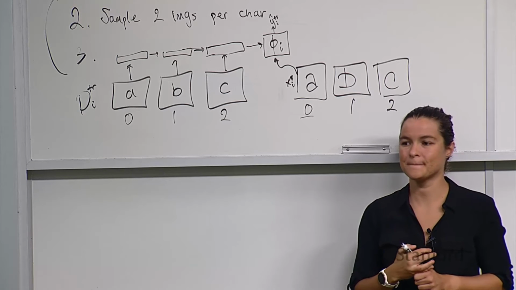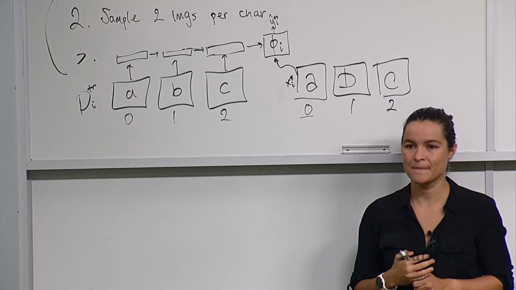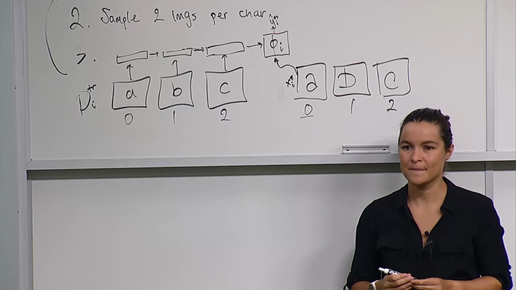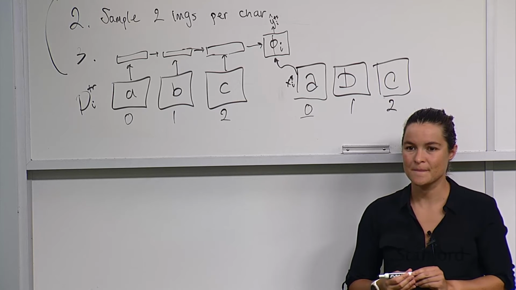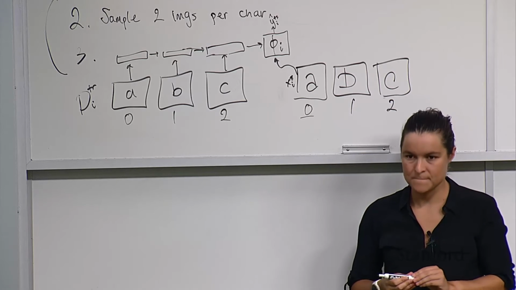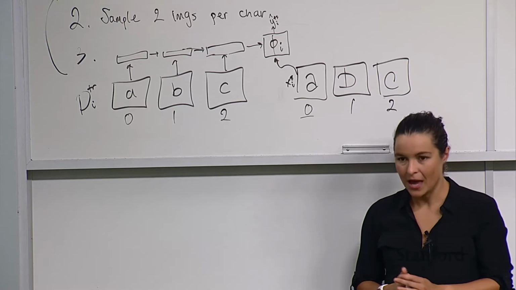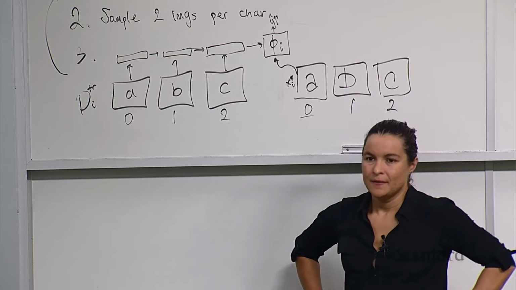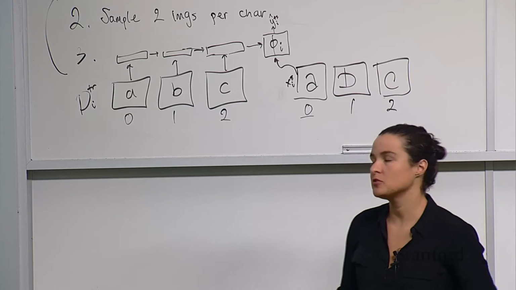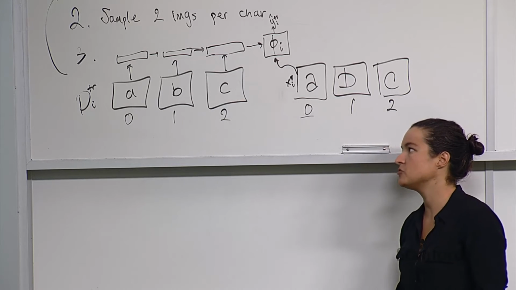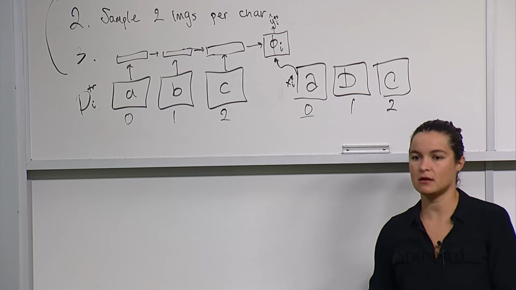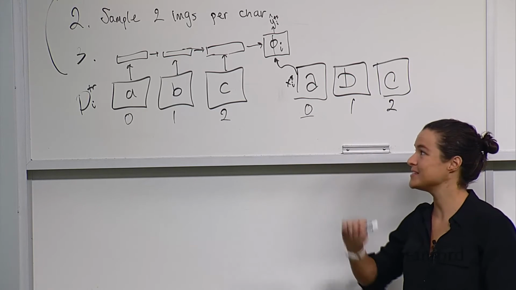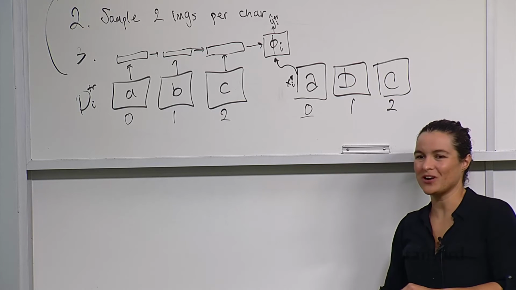So the question is, if you do meta training with 3 classes and then evaluate this ability to learn with 4 classes, how well does that work?